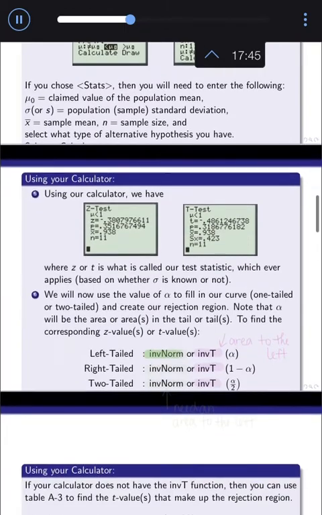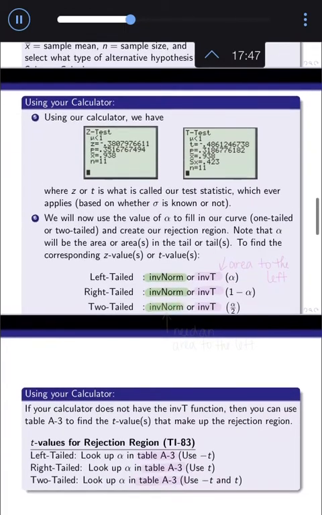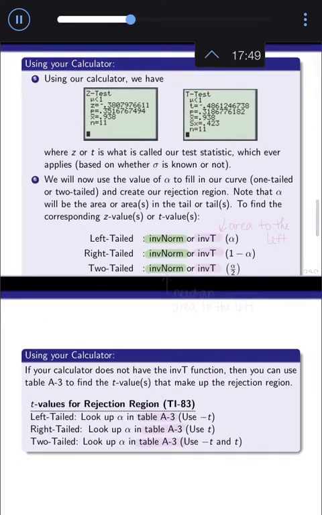Then we use the inverse norm function on our calculator, or you can use the normal distribution table. As a warning, remember that the normal distribution table and inverse norm both need an area to the left.